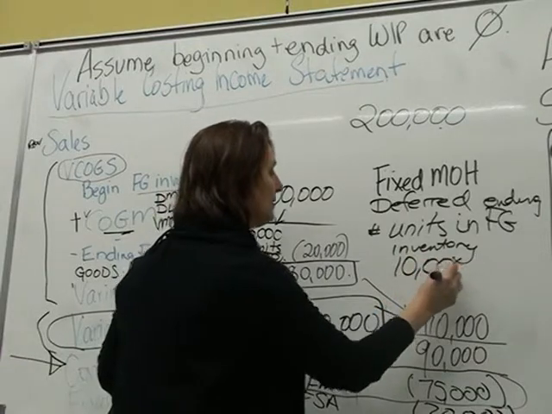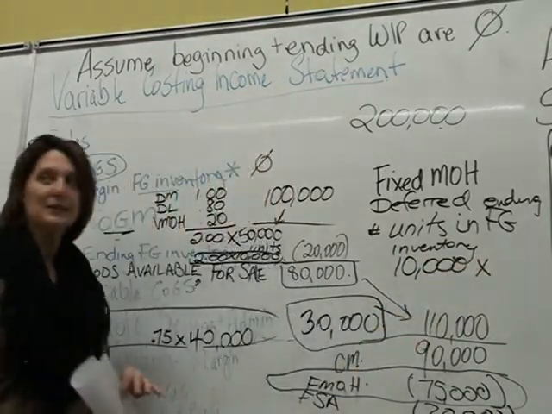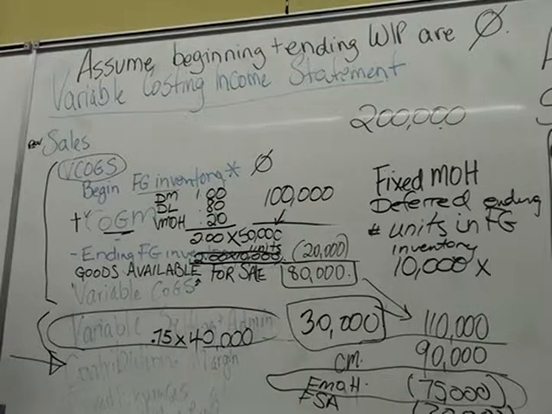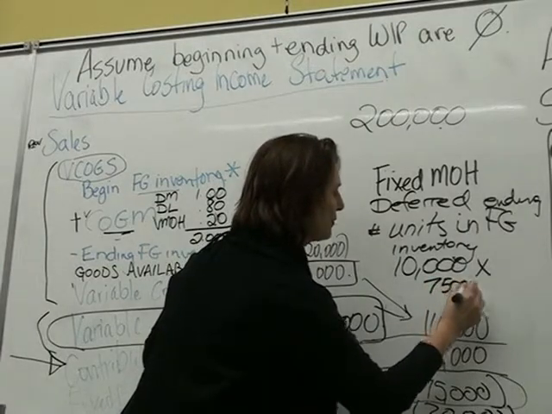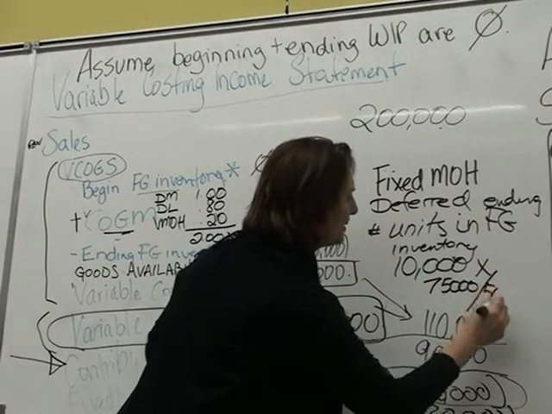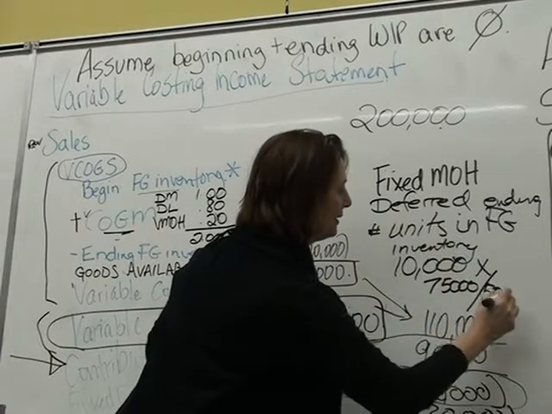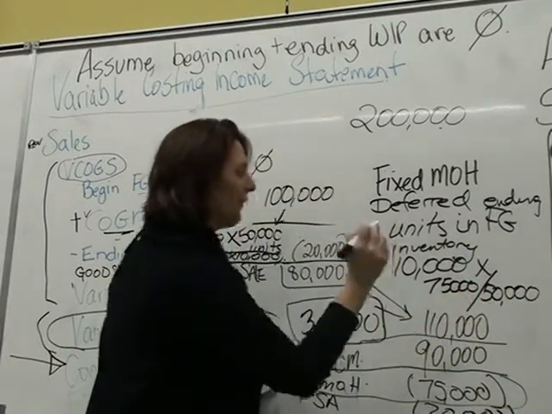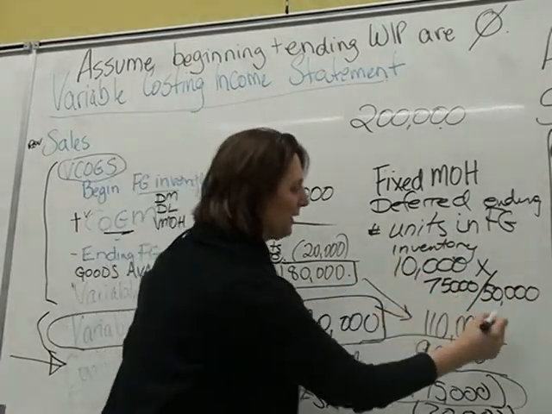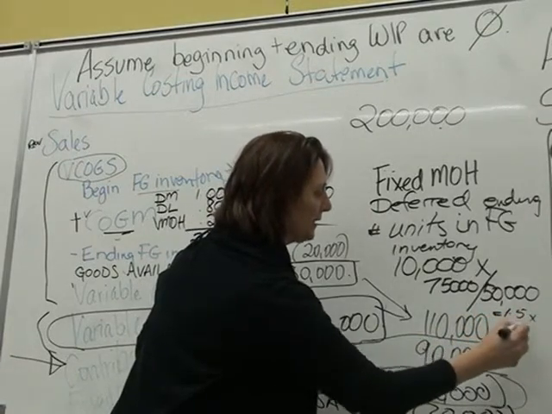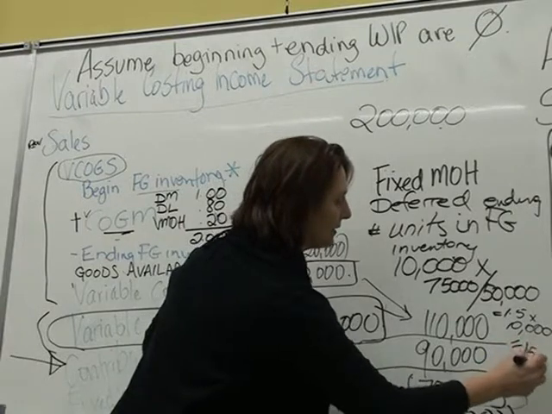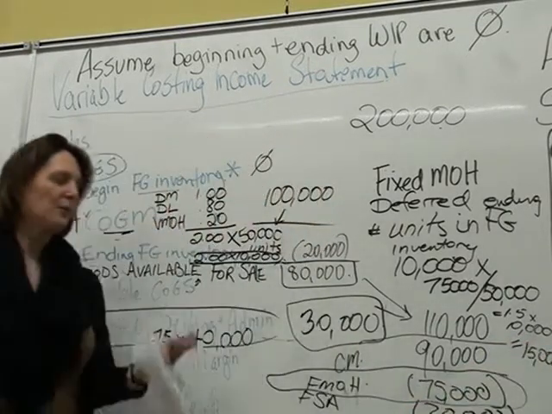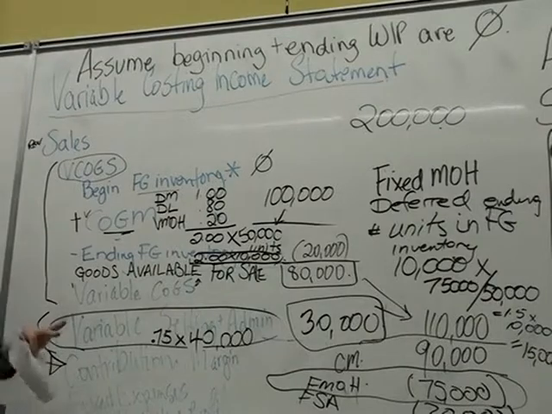And now what is the cost that we're deferring? 75,000, which is the total amount of the fixed overhead, divided by the number of units that we produced. So this ends up being 1.5 times 10,000, or 15,000. So the difference in operating income should be 15,000.